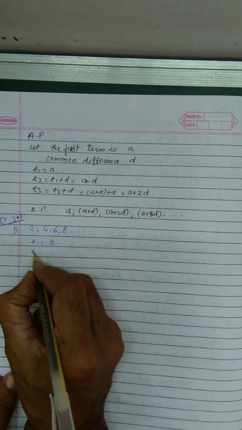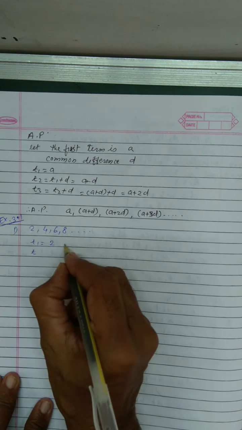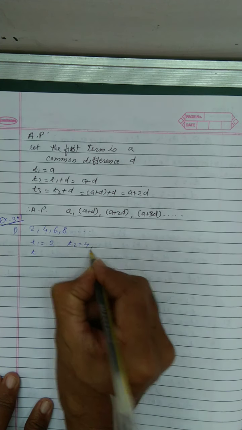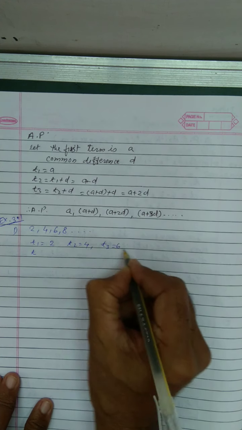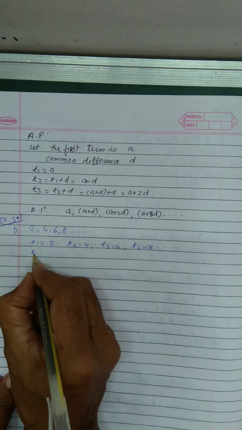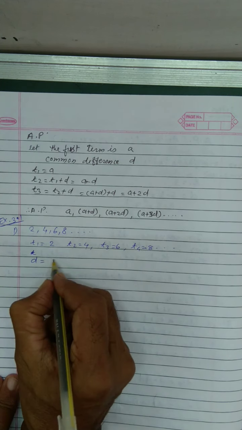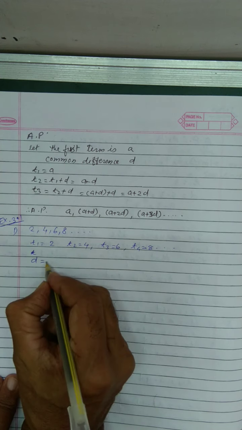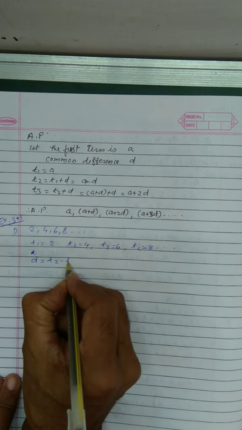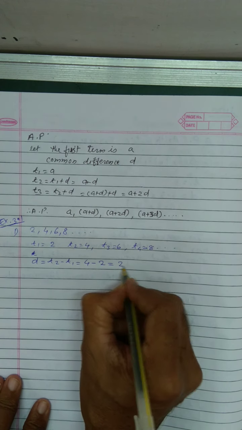Now we find the difference. T2 is 4, T3 is 6, and T4 is 8, and so on. We have to find D, the common difference. That means T2 minus T1, which is 4 minus 2, which is 2.